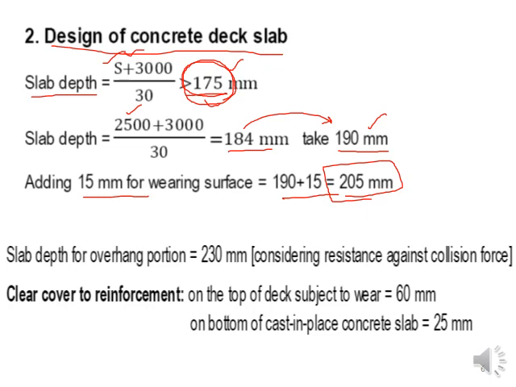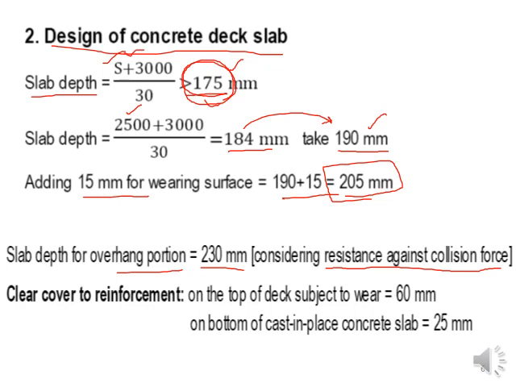The slab depth for the overhang portion is 230 millimeter. You have to consider more thickness at the curb, or for the overhang part, including the curb thickness, to resist the Coulombian force. That's what I have told you, because the barrier is going to be installed and fixed at the overhang.